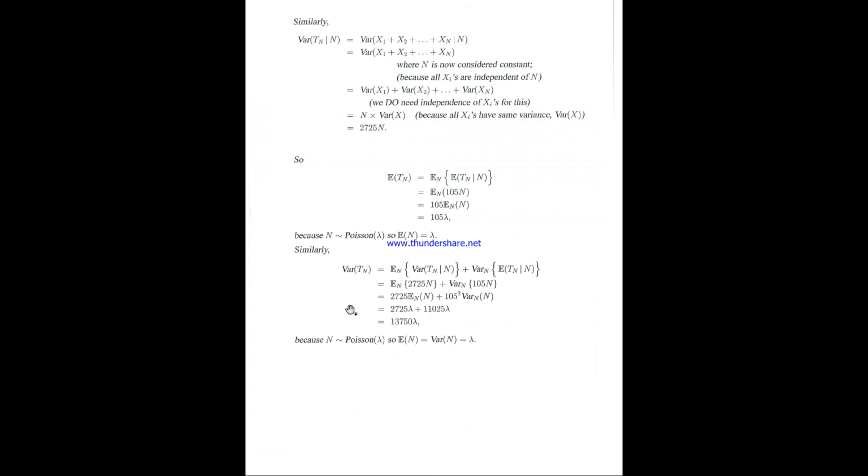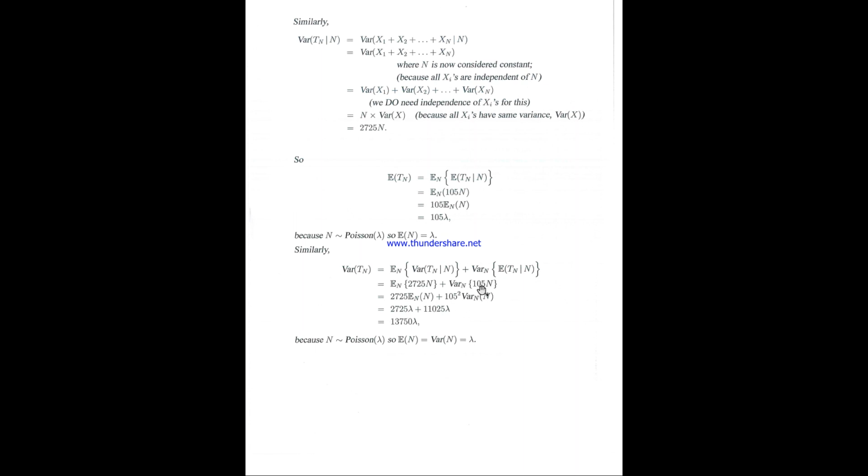Similarly, you can find the variance of the randomly stopped sum as well, right? For the variance of the randomly stopped sum, you can use the equation that we discussed. So you have the expected value of the variance of Tn given n, which we found is 2725 times n, plus the variance of the expected value of Tn given n, 105 times n. You can take the constant out here, and the expected value of n over the range of n is lambda.